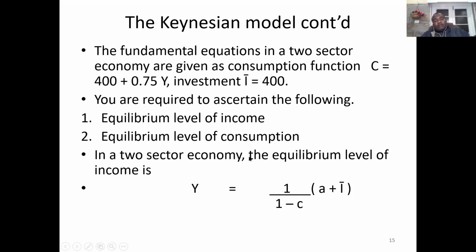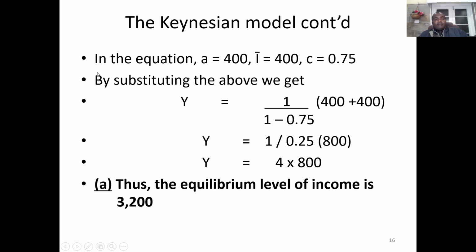In a two-sector economy, the equilibrium level of national income, Y, is equal to 1 over 1 minus C. This 1 minus C is none other than the marginal propensity to save, multiplied by the sum of autonomous expenditures, which in this case is autonomous consumption and investment spending, which is not in any way related to national income, as you see that it is fixed at $400 million.